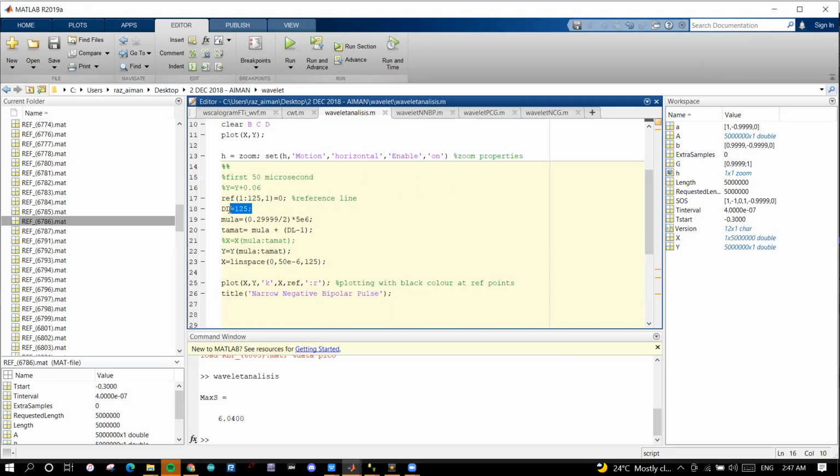Okay, this 125 value is obtained by dividing 50 microseconds by the sample rate of the PicoScope data, which is around 400 nanoseconds. So this 125 value helps me to set the reference line.